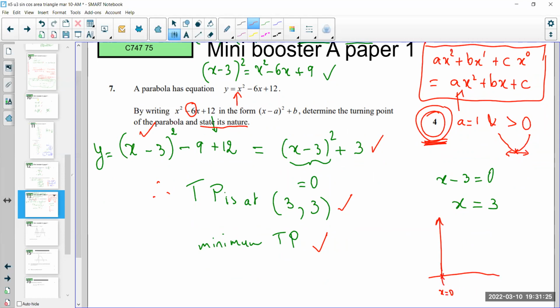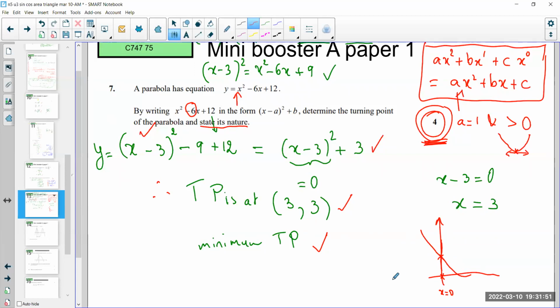It's on this line. So it's like you said, it's when you're going to intercept the y here. Whereas turning points happen when this first part here is equal to 0, which is x minus 3 is equal to 0. And to solve this, you need to have that x equals 3.